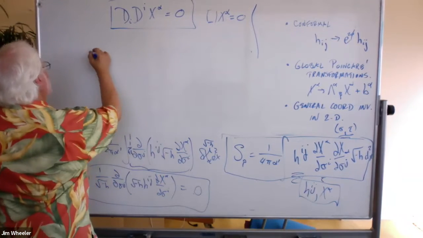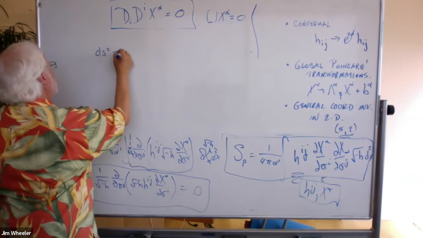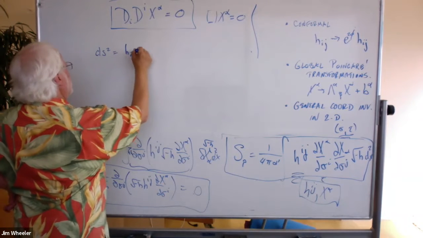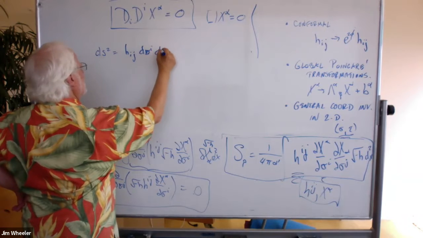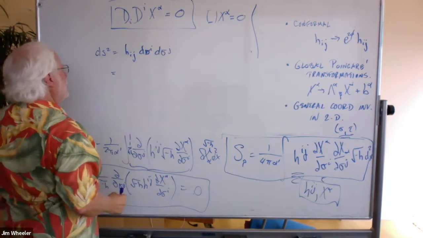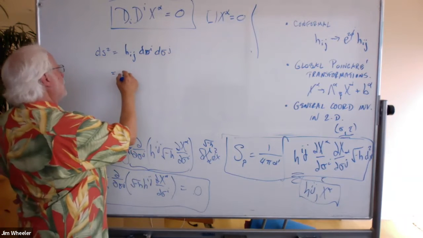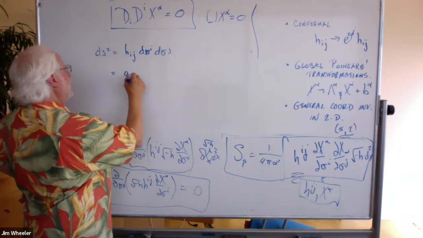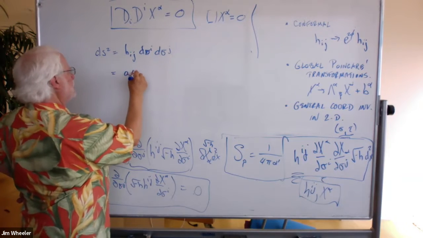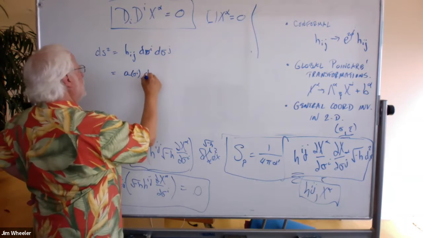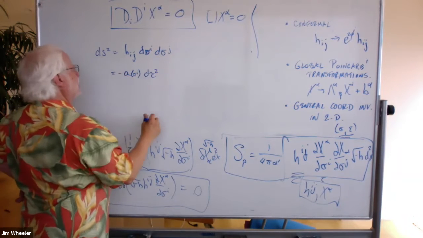That metric gives us a line element. ds squared is h_ij d sigma^i d sigma^j. But let's just write it out. We've got some function a, dependent on the sigmas, these are functions of the sigma, d tau squared with a minus sign.